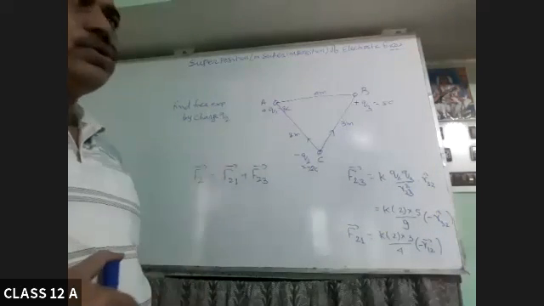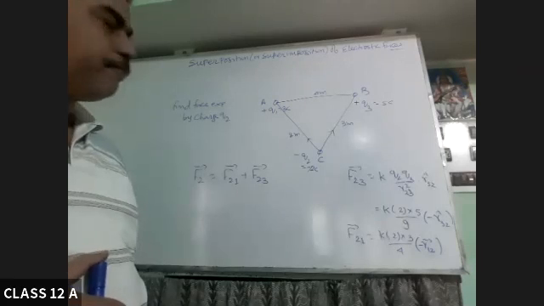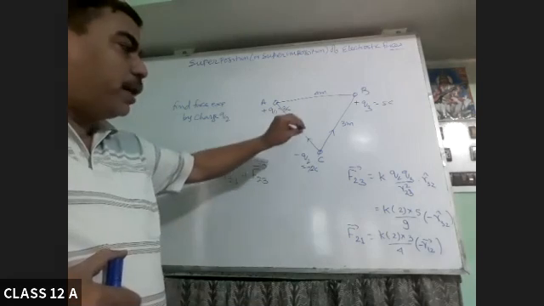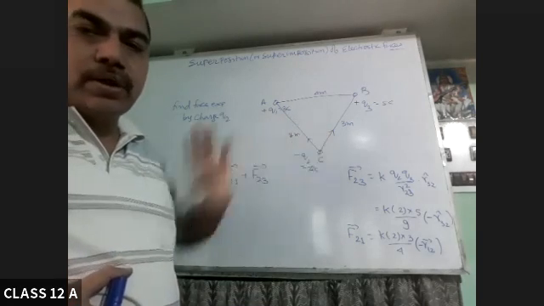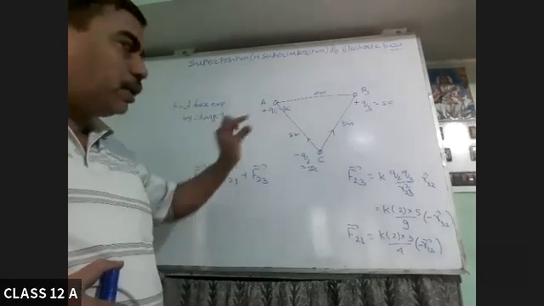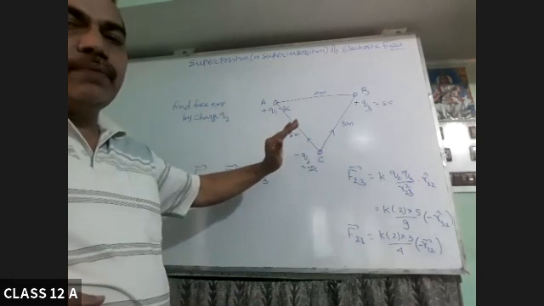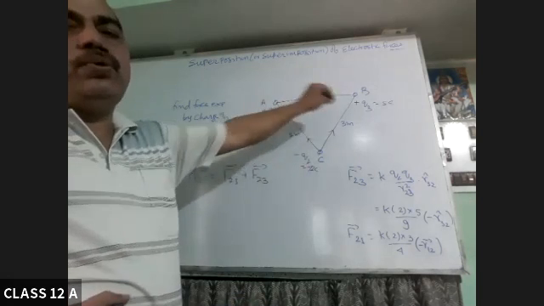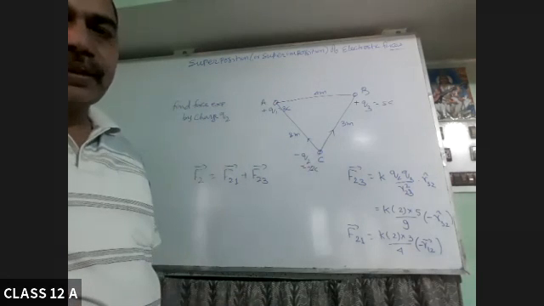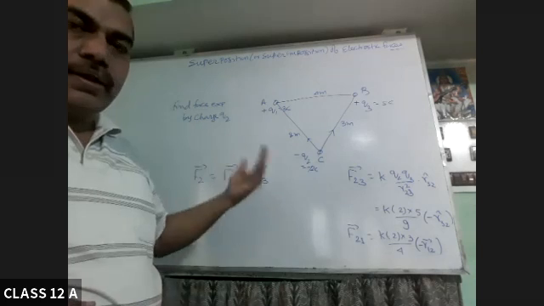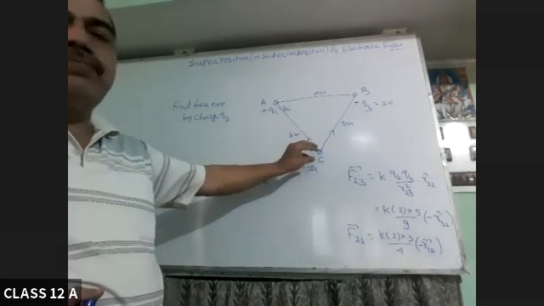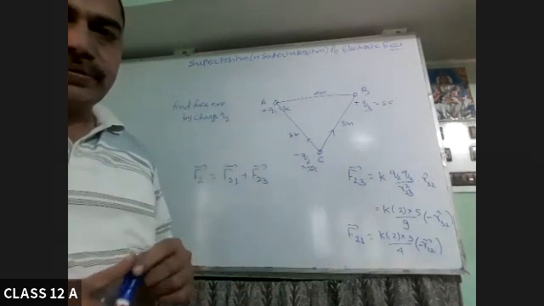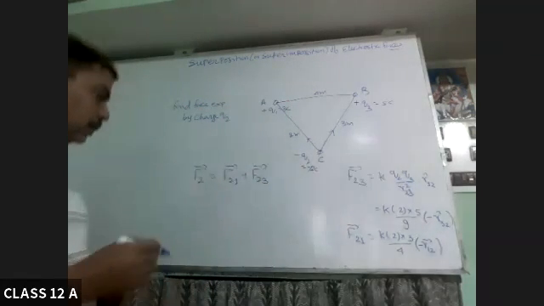So according to this superposition principle, when you are asked to find the force experienced by a particular charge, we will consider the forces experienced by that particular charge due to other charges. And then the net force will be the resultant of all the forces. So that is our general formula.